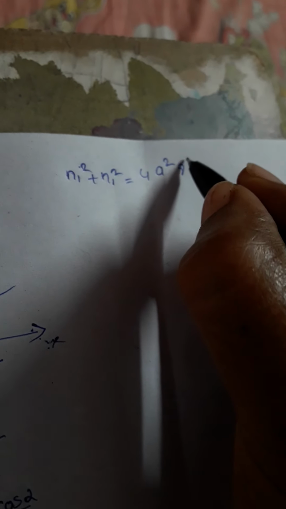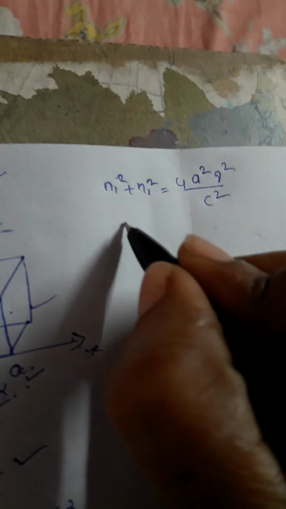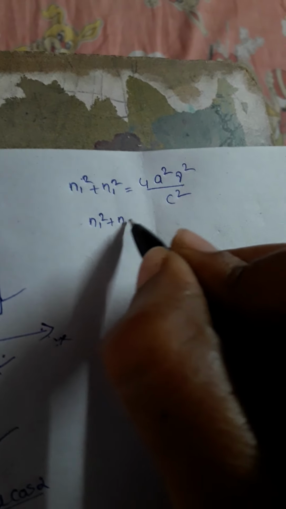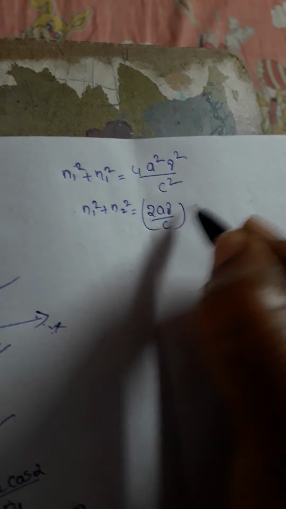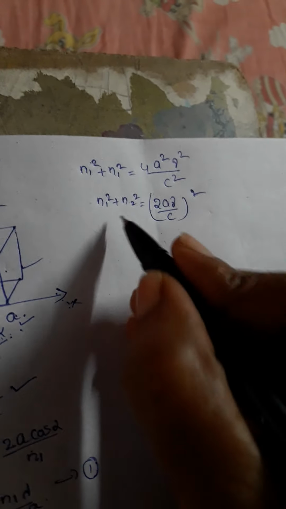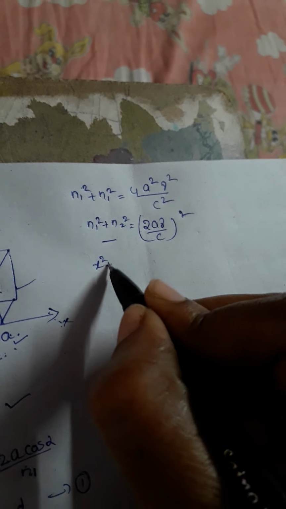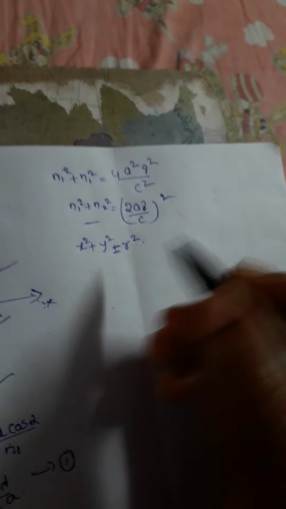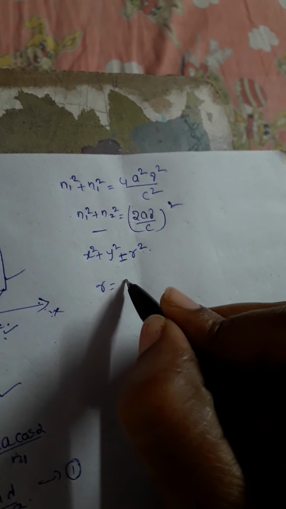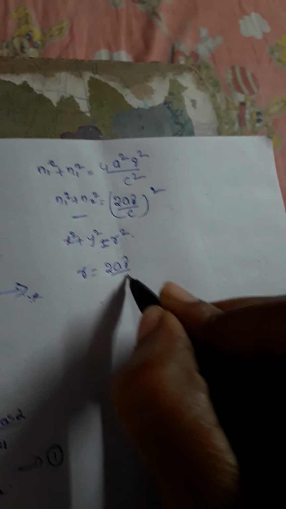Squared means mu square by c square. Again, n1 square plus n2 square equals 2a mu by c whole square. Do you all agree or not? This looks like the circle equation, that is x square plus y square equals r square, where r equals 2a mu by c.